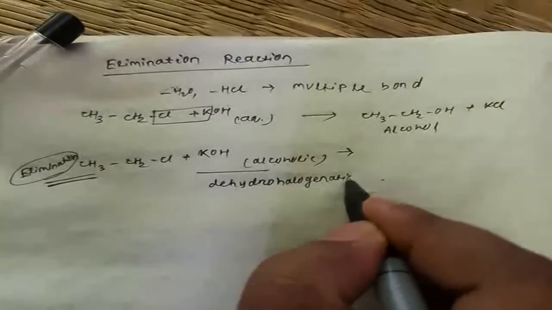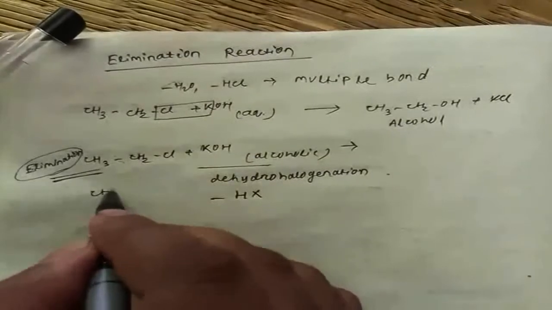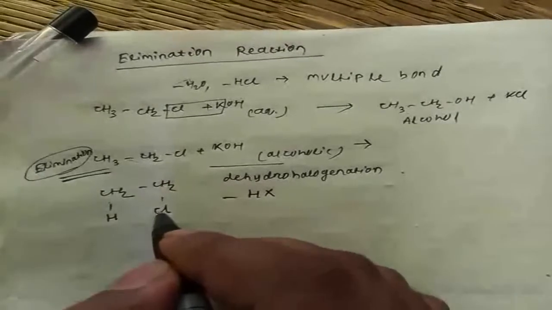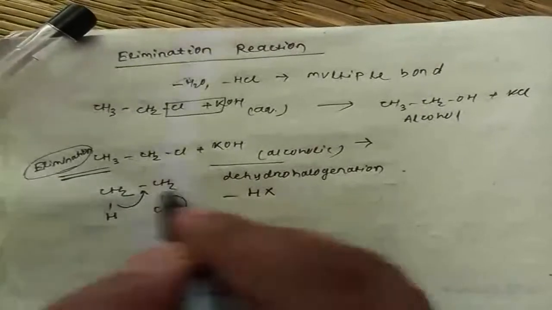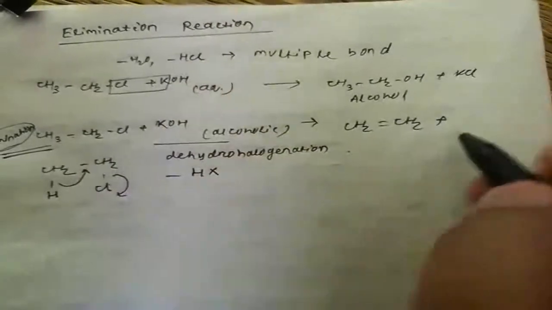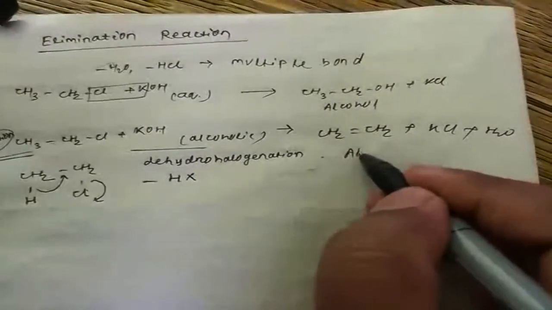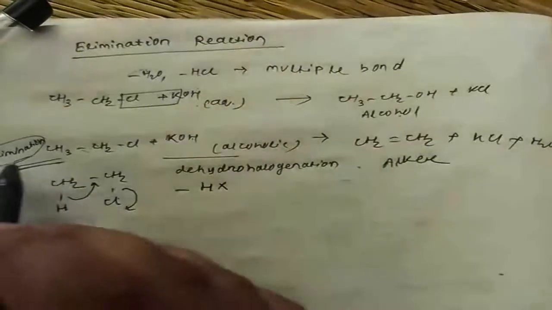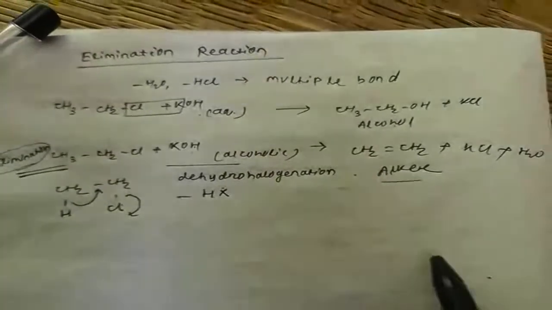De means minus, hydro means H, halogen means X. In HCl, H is positive, Cl is negative. Negative means gain of electron, positive means loss of electron. So the product is CH2=CH2, KCl, and OH with H gives water; that is an alkene. So aqueous KOH gives the alcohol product, but alcoholic KOH gives an alkene as the product. This follows the dehydrohalogenation process.